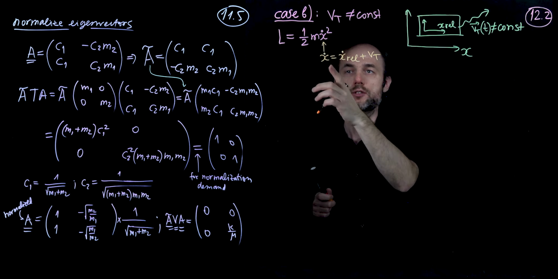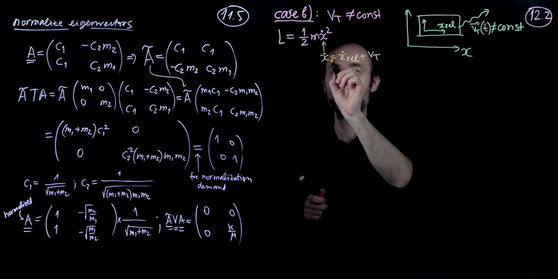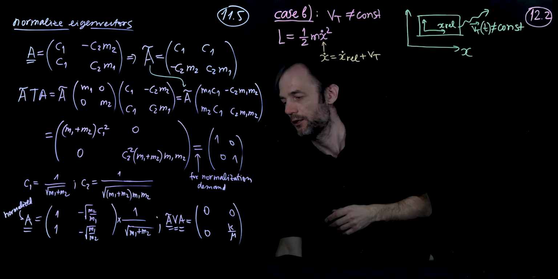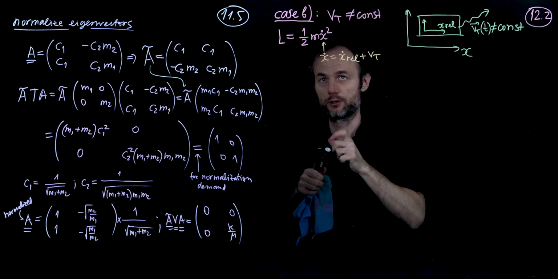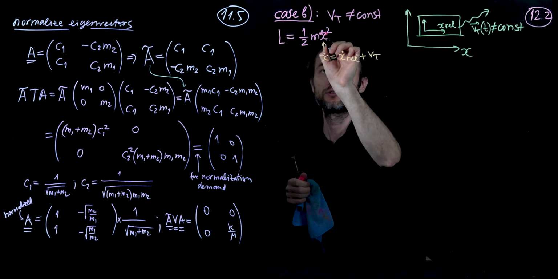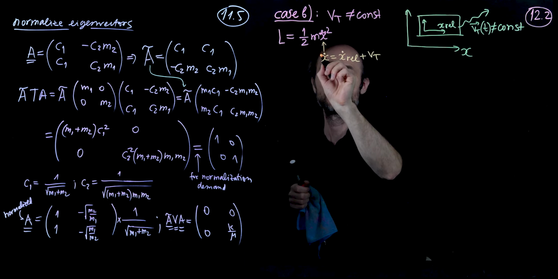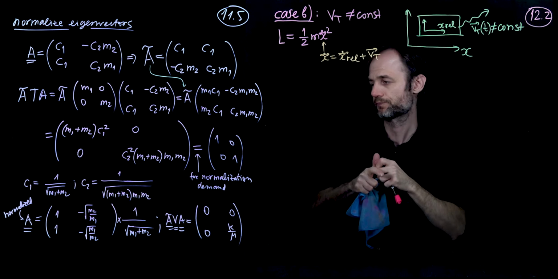So if we take the dots, x dot is equal to x rel dot plus the velocity of the train. And what we can also do is write it down in the vector form. So all of these are going to become vectors.